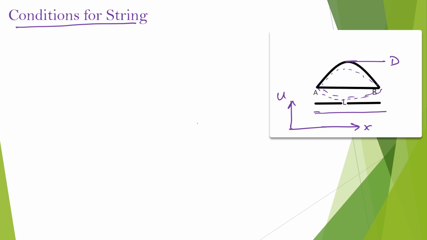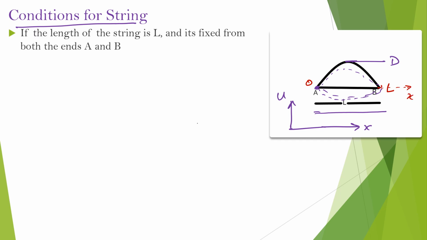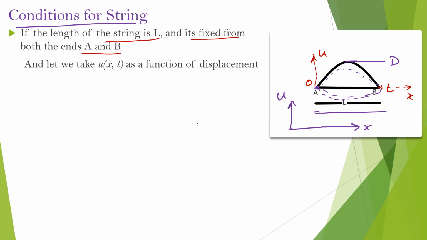If we consider this, then point A is considered as 0 and point B is considered as L because the dimension is in the direction of x, and this is u. If the length of the string is L and it is fixed at both points A and B, let us take u(x,t) as the function of displacement.